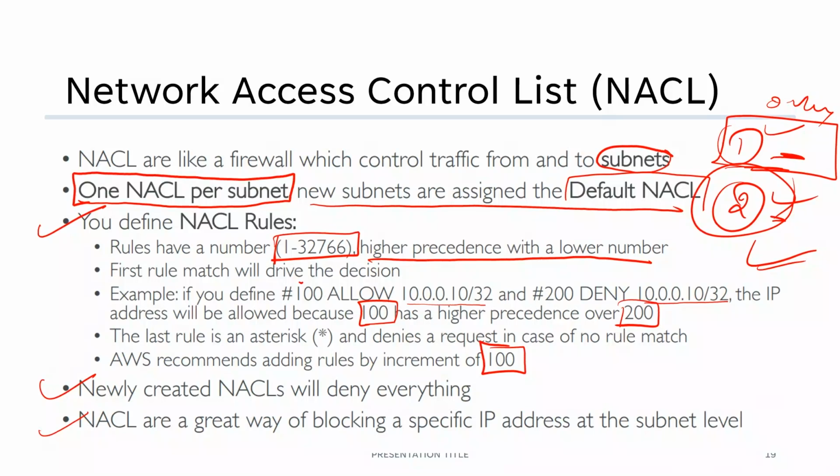You will write a rule in the network access control list that, okay, this IP address is not allowed inside my subnet, and then that particular inbound rule in your network access control list will block that IP address. I hope I'm making a lot of sense over here. So there is a question in the exam which comes like, if I need to block a particular IP address, should I use the NACL or should I use the security group? And the answer should be NACL every time.